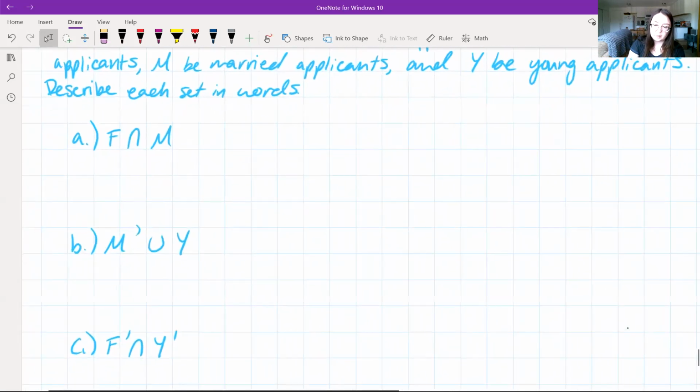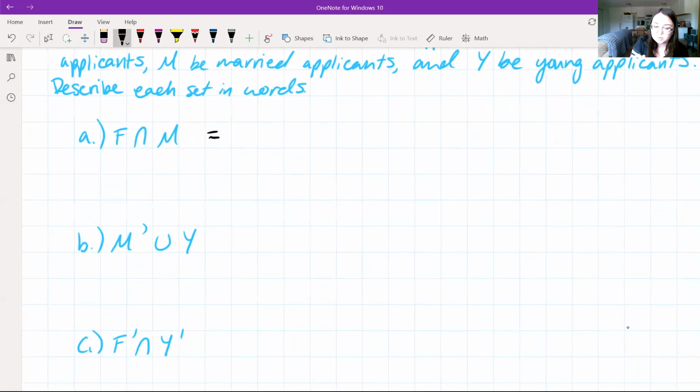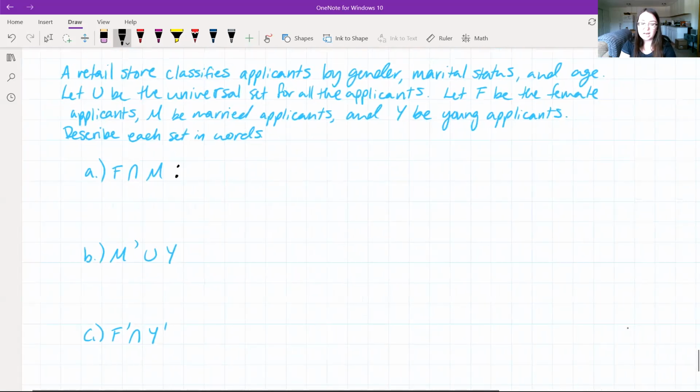So if we just want to describe, let's do A: we just want to describe this set. We have F intersection M. So this is female applicants intersected with married applicants. So this is what we consider would be both.